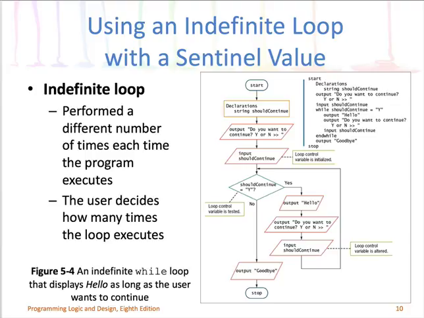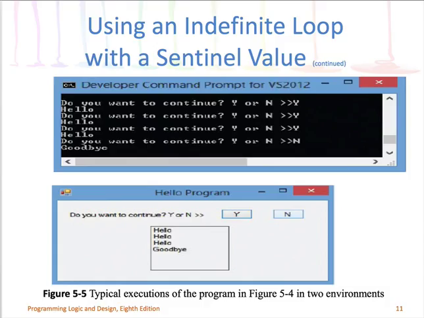And then maybe at this point you type no or N, and then you would fall out and it would say, okay, goodbye. So we don't know how many times. If you were really, really bored and wanted to type Y 1,000 times to see the program print hello 1,000 times, it would do that. But we really have no way to know how many times this loop is going to execute in advance, because it's all based upon what the user is going to do.